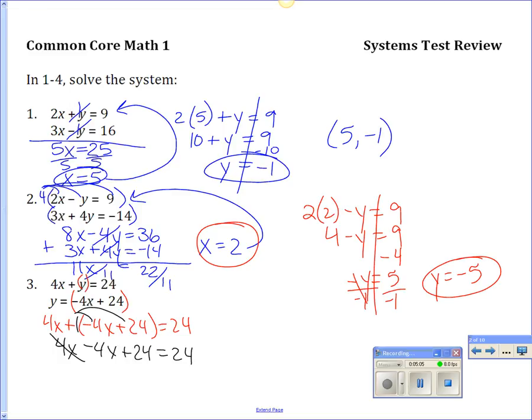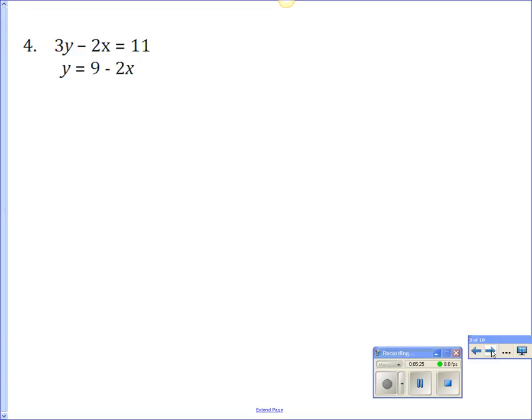Here your x's cancel. Does 24 equal 24? And the answer is yes. So this one is infinitely many. So if you get a true statement, that's infinitely many.